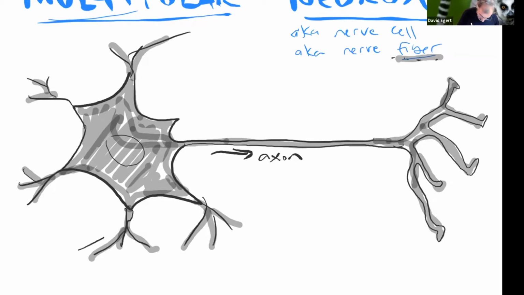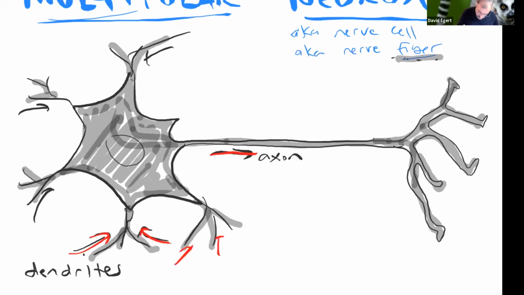The little processes where messages tend to be coming in, we call dendrites. Dendrites just means little branches. So we have message signals coming in, the dendrites. One main output. This is actually going to be important. This little place where the axon originates is called the axon hillock.